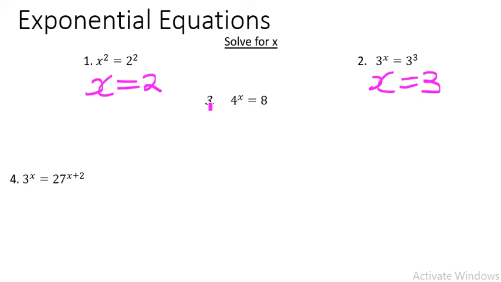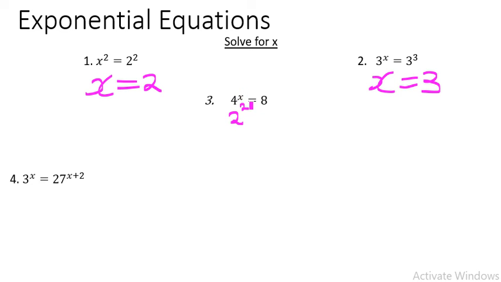So first of all, we need to change that 4, we write it in exponential form. So we will have 2 squared. 2 squared will give us 4, and then we already have that x there as our exponent.